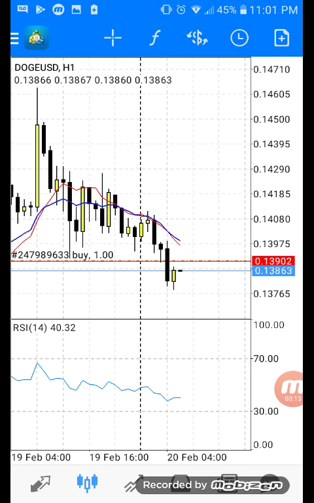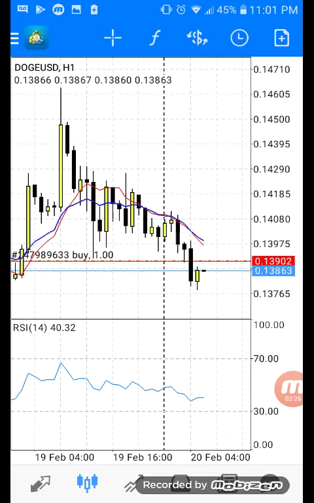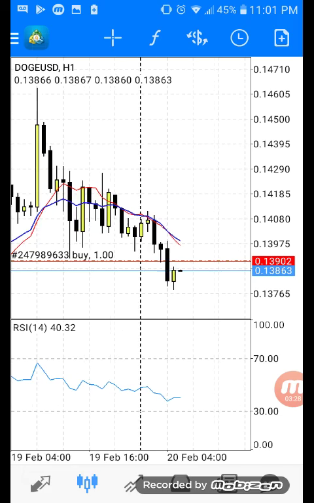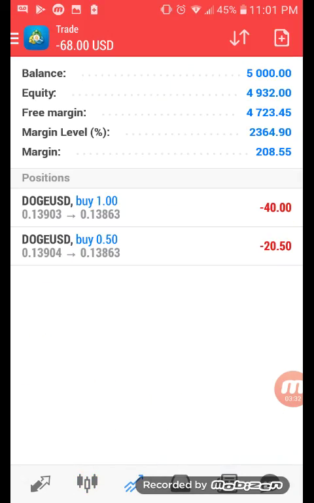You have the black candlestick that was just going down, and then we see a star, and then we shall see another yellow candlestick making a morning star pattern. We have our two trades in. You can see it says buy for $1, and we also have one for 50 cents in as well.